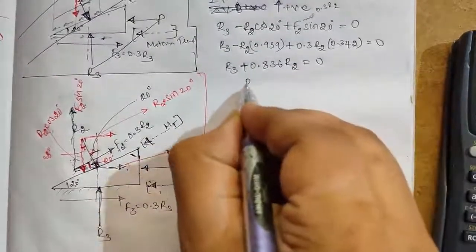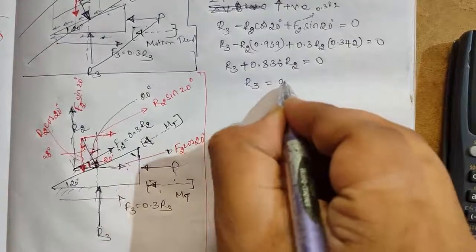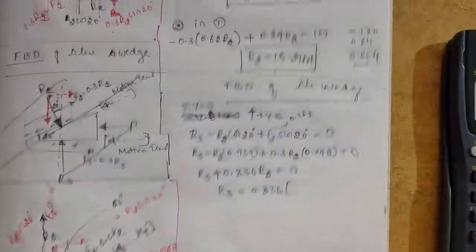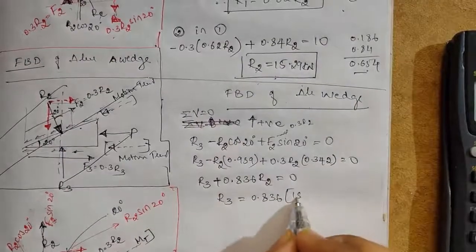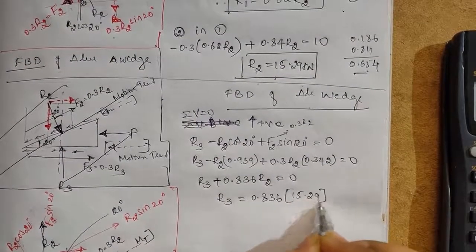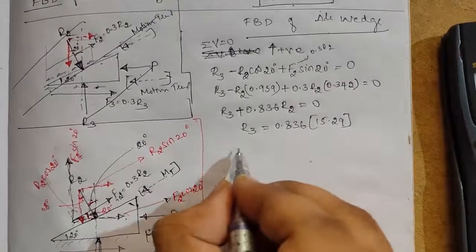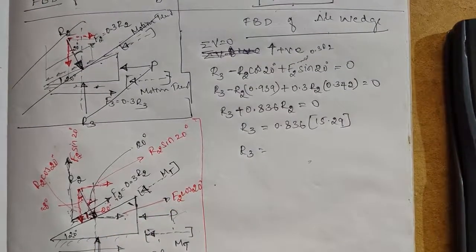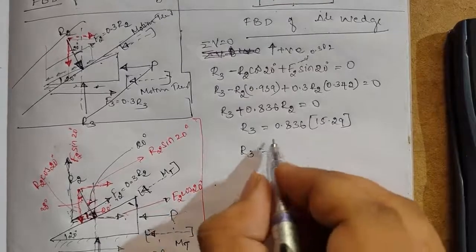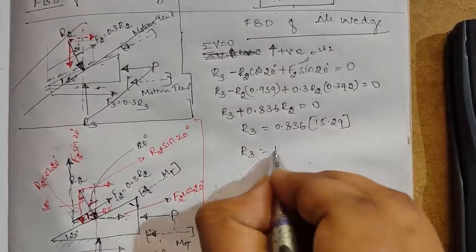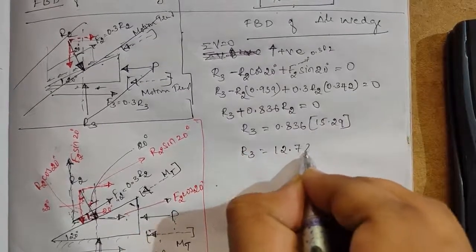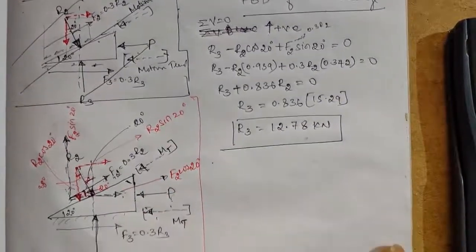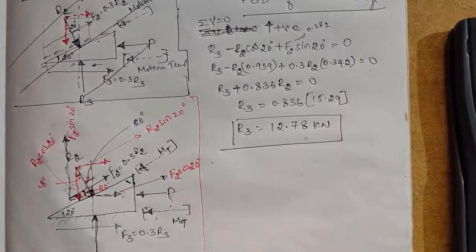So R3 is equal to 0.836 into R2. The R2 value we have found is 15.29, so R3 will be 0.836 into 15.29, that is 12.78 kilonewton. So this is how we found R3.